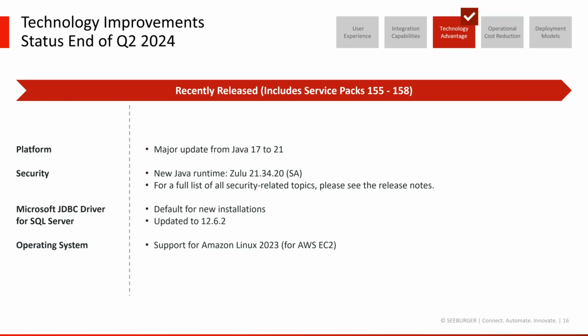If you do have a need or an interest in migrating from the old to the new JDBC driver for SQL Server, please also check the migration notes in the database guide. We have updated that driver also to the latest version shipped with BIS. And then finally, we have added support for the Amazon Linux operating system, specifically, of course, for deployments in AWS.